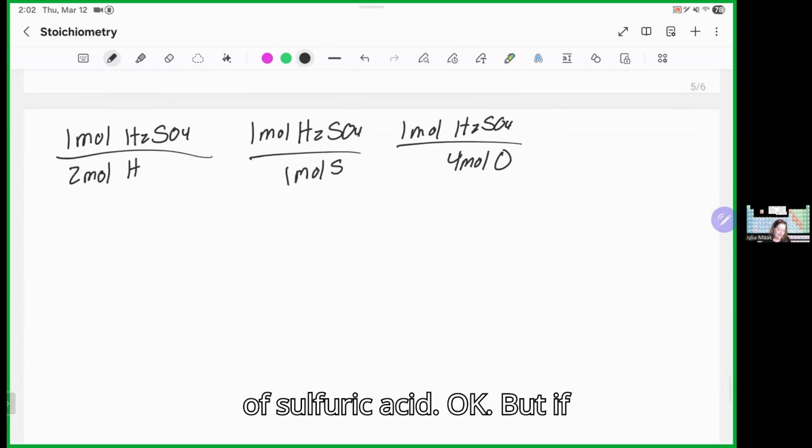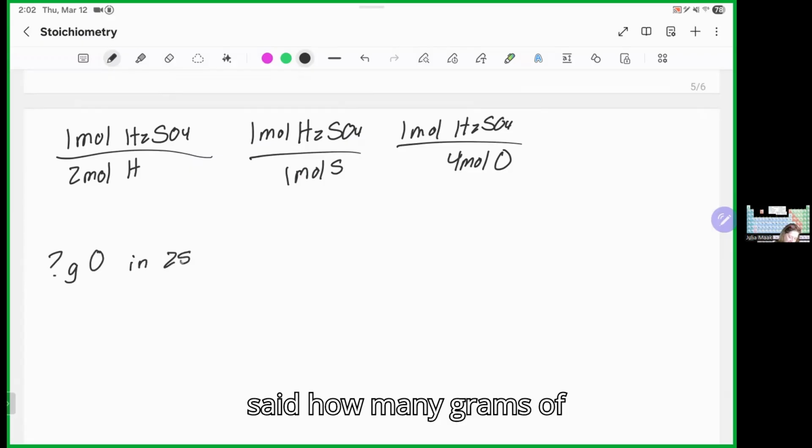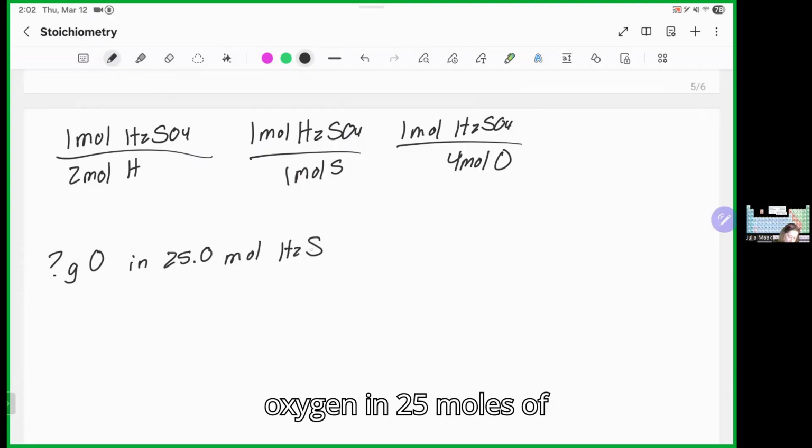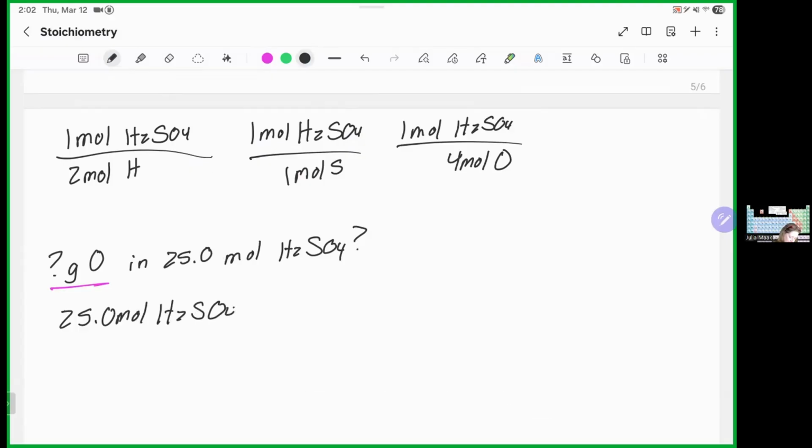Okay, what if I said, let's add on a little bit here. What if I said how many grams of oxygen in 25 moles of H2SO4? So our question is grams of oxygen. We're starting with that 25 moles H2SO4.